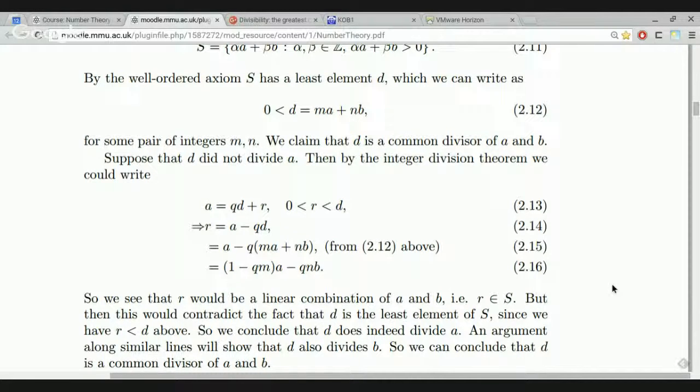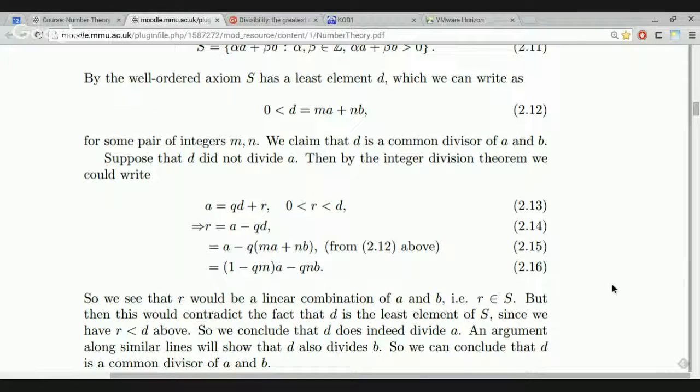Now, how do we prove that? Well, the possibility we have to consider is that it didn't divide A, or it didn't divide B. That's the only way it could fail to be a common divisor: if it fails to divide one of them. So suppose that it did not divide A. Well, if the number D did not divide A, then you could run through this integer division with remainder process.